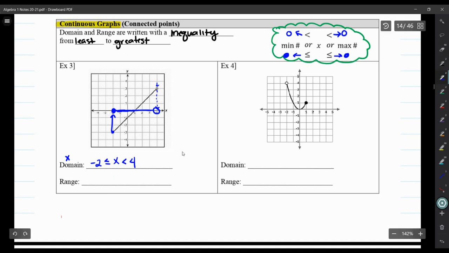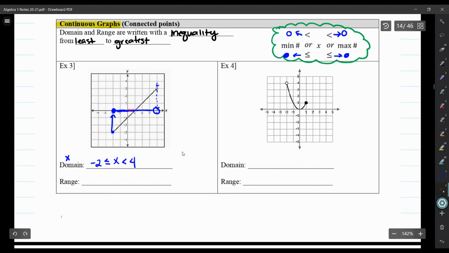The reason why we can't list everything: let's just take the numbers between 0 and 1, for example. Half is not the only number between 0 and 1. A quarter, an eighth, a 16th, a 32nd, a 64th.